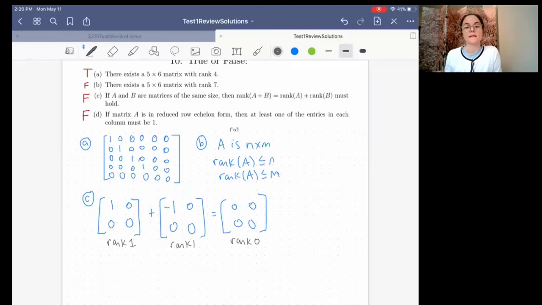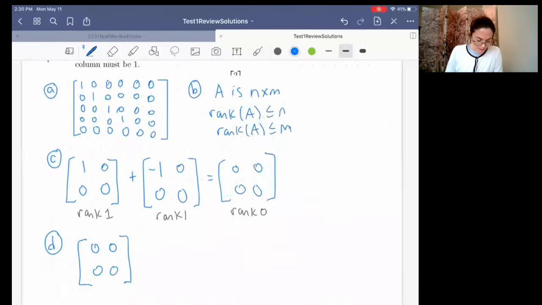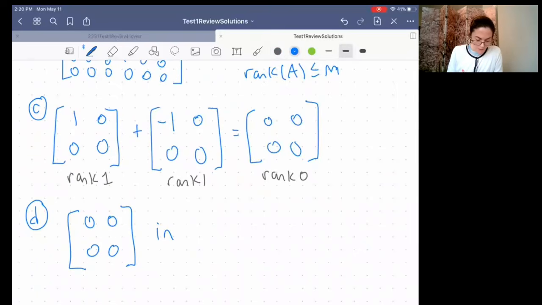And in fact, D, we can use as false from the exact same, or at least part of the exact same example. D is false because this matrix here of all zeros is in reduced row echelon form. In fact, I had a question in Teams. Somebody asked me, is the matrix of all zeros reduced row echelon form?